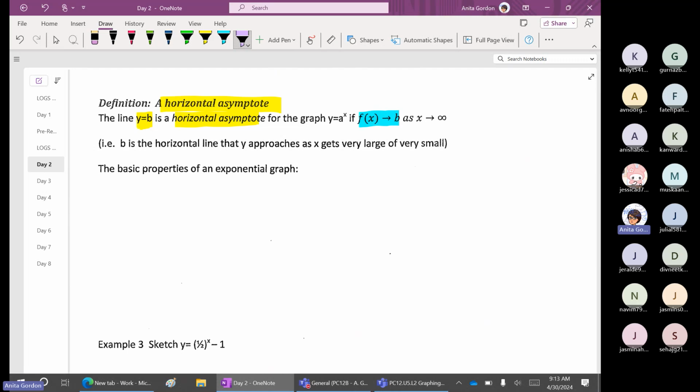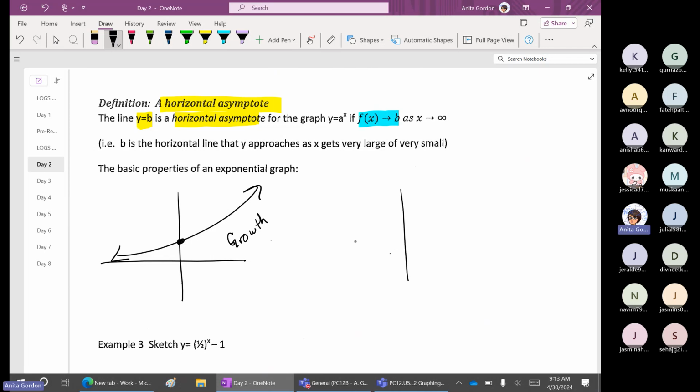Okay, so let's do a little sketch here. Let's call this the growth graph. And we'll do the decay graph here too. We're eventually going to do transformations on this, right?